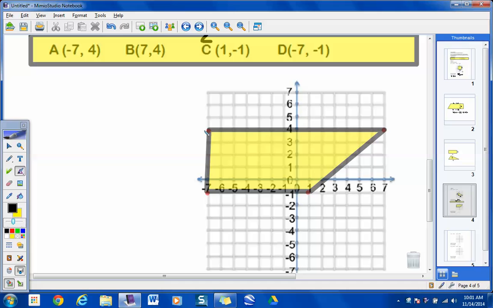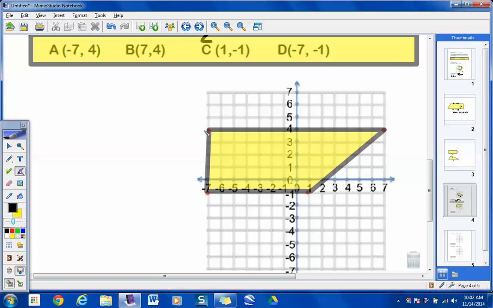How'd I do? Okay, anybody else need more time drawing that?